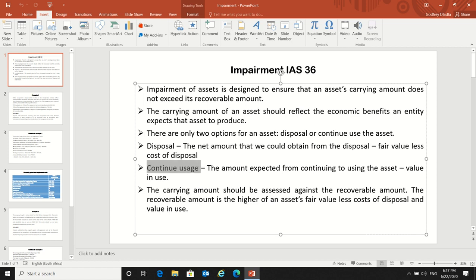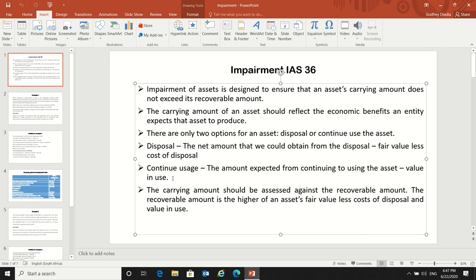Or you continue using the asset. The amount expected from continuing to use the asset is called the value in use. So when we are testing for impairment, you take the highest of the two, the one at disposal or continued use. You always take the highest of the two, but you need to know how, especially the disposal one, is calculated. It is selling price minus the costs of disposal.